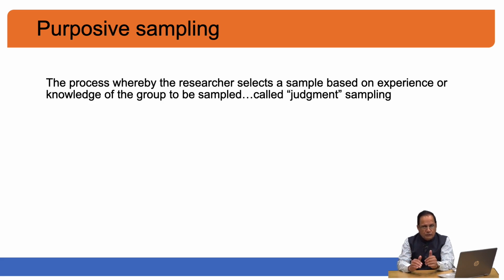So, it is very difficult to access as well as to identify this population. But even then, if the researcher wants to conduct the research, the researcher can subjectively, judgmentally select certain geographical areas of the whole country, and then the sample can be taken from there.